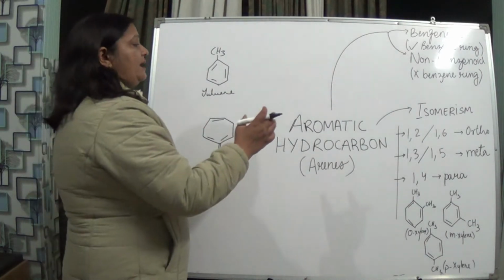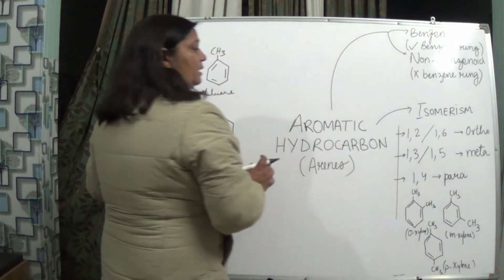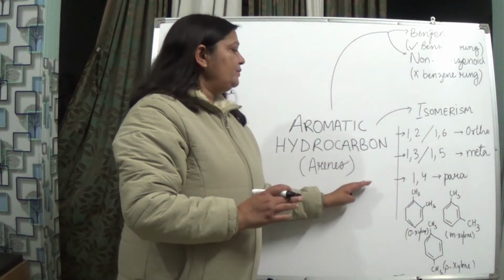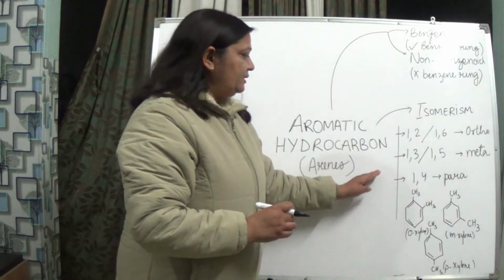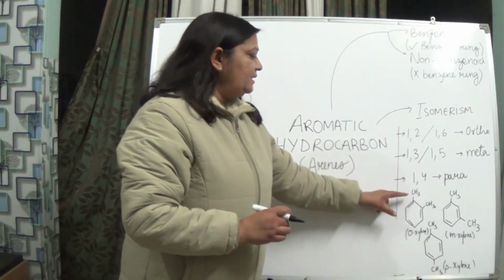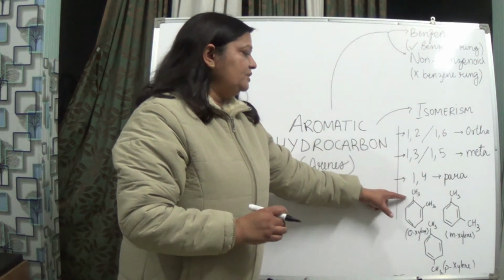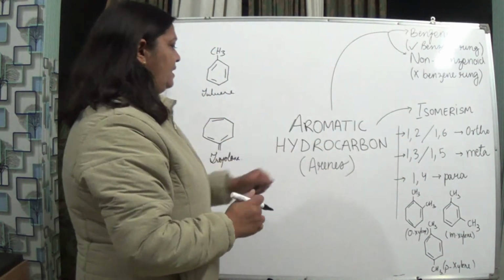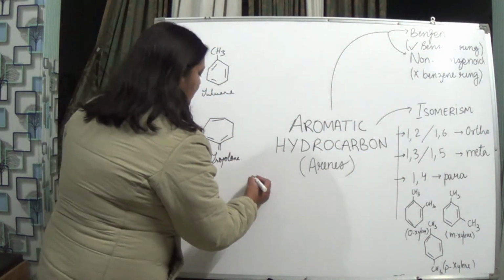Now coming to isomerism. Here it can be of ortho, para and meta type. Here you can see one CH3 attached at the first position, and the second CH3 can be at the second position, and it can also be at the sixth position.